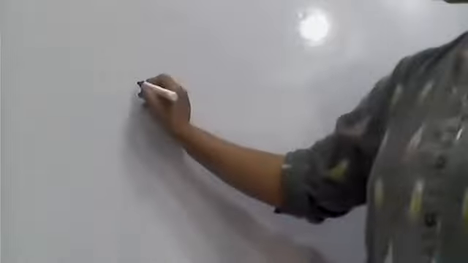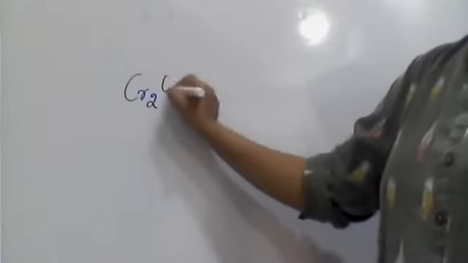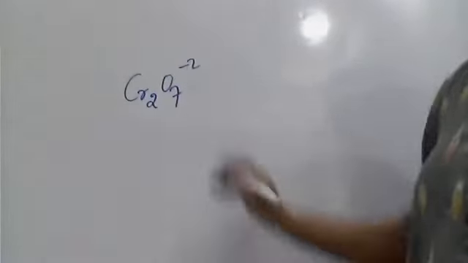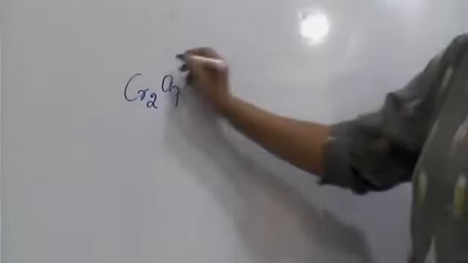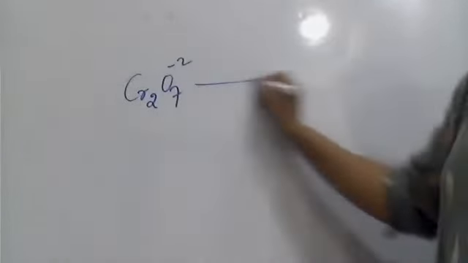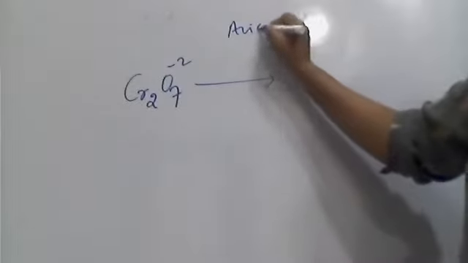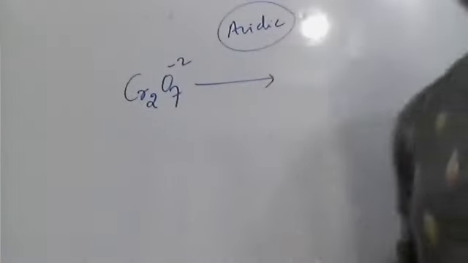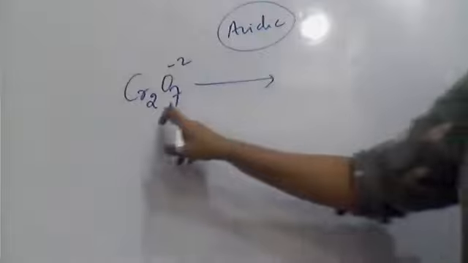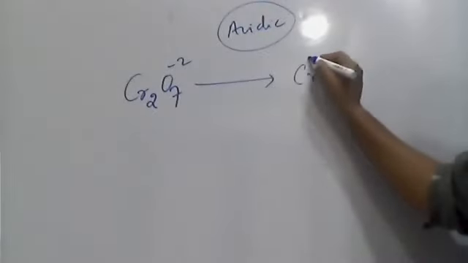Now it is Cr2O7 2 minus, dichromate ion. Now the reaction taken is in acidic medium. The previous is basic. In acidic medium, this dichromate ion changes to chromic ions.